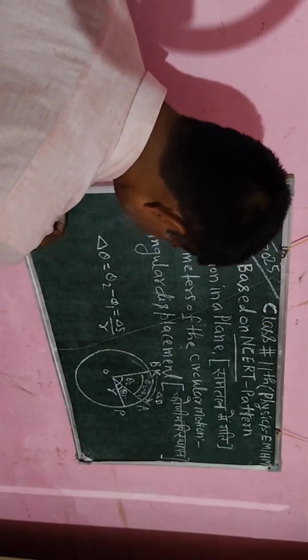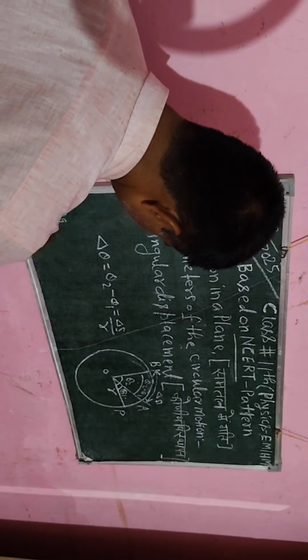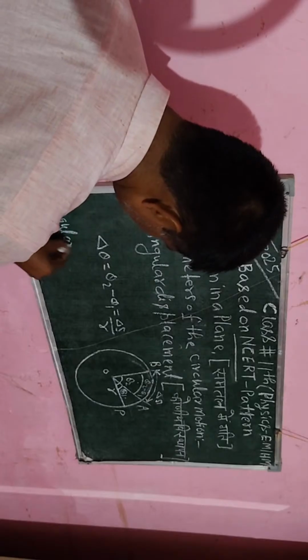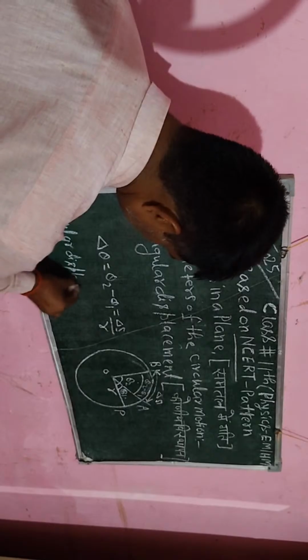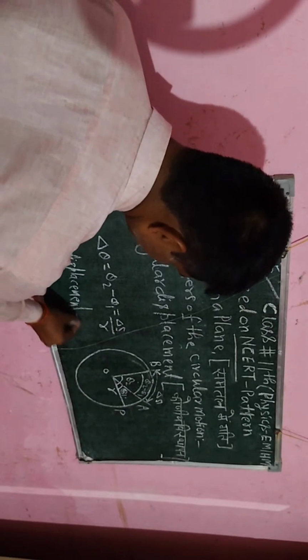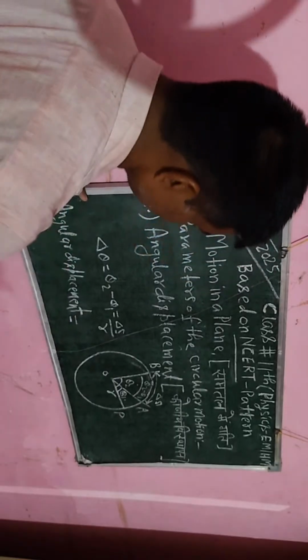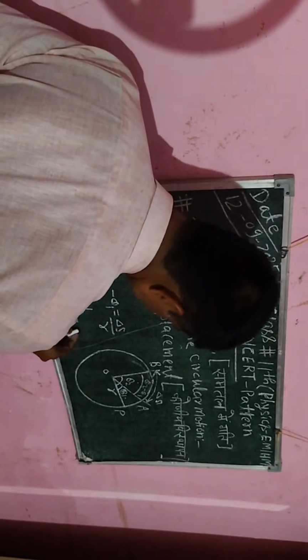In other words, angular displacement is equal to linear displacement divided by radius.